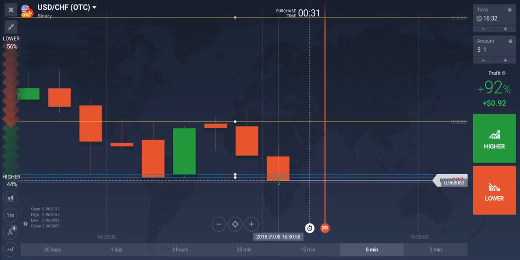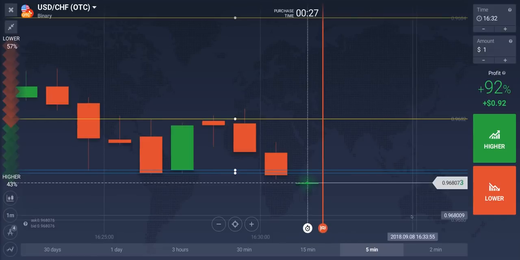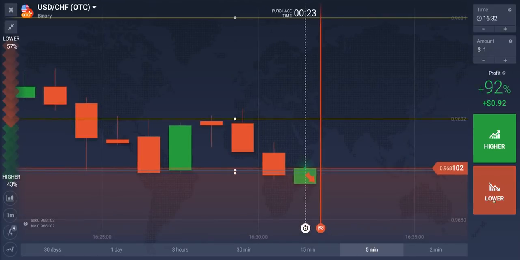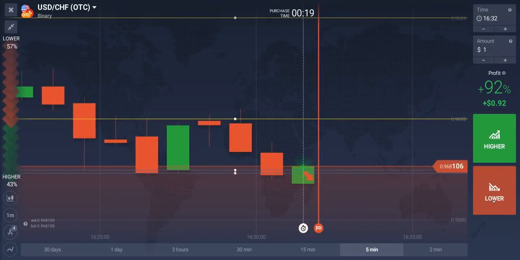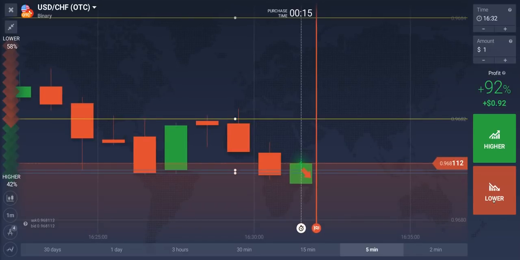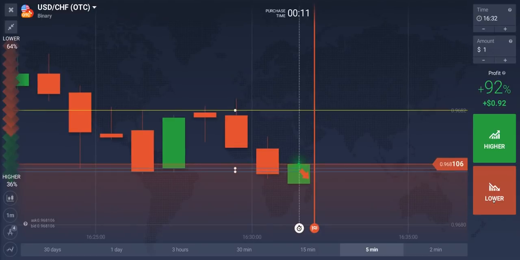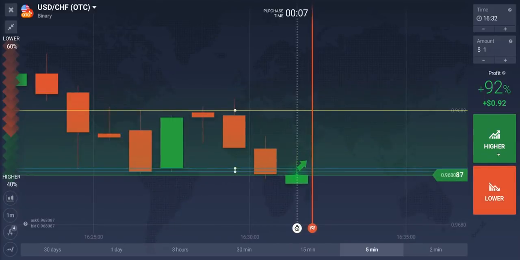So let's see. Now the sellers broke, selling pressure is strong because the SNR broke the buying pressure. If we get a rejection, we can actually do a put trade following the downward direction. So let's see. We need confirmation, which we're not getting at the moment. No rejections. So let's see.